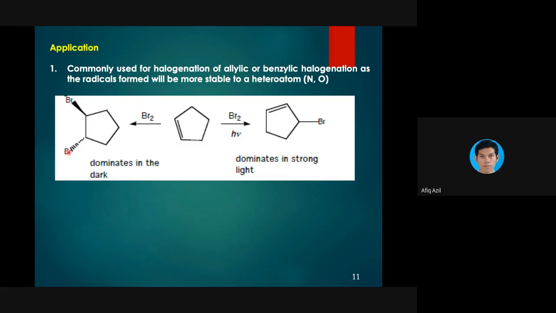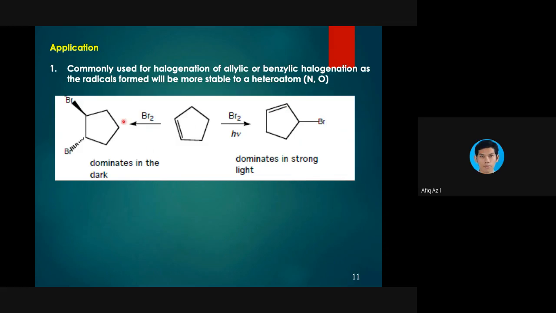You have bromine attached to both of these carbons, and the double bond will be broken. But if you are doing the reaction in the presence of UV light, or maybe you supply heat to the reaction, you are going to end up with this radical substitution reaction. You have bromine attached to this carbon while the C double bond C remains intact.